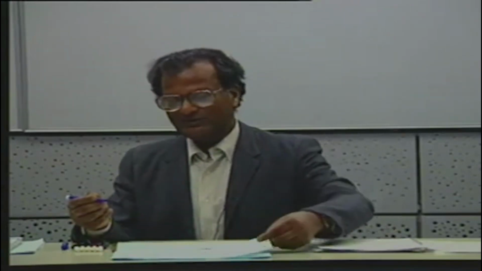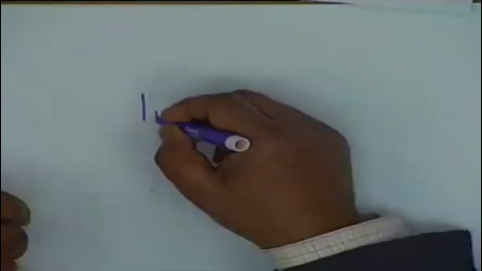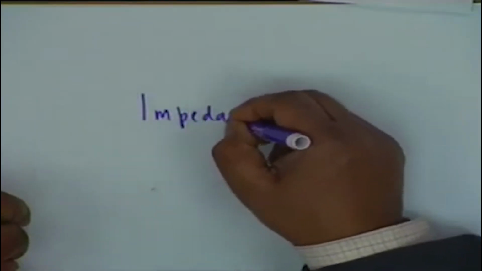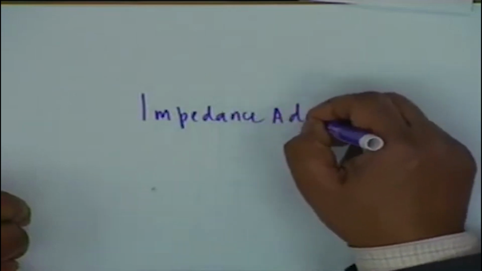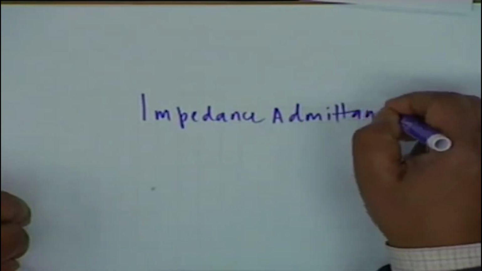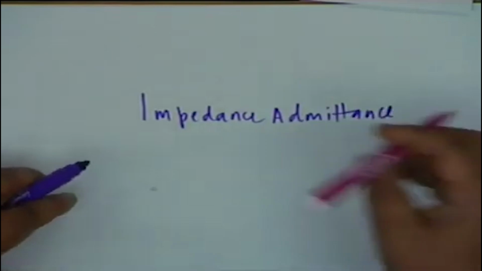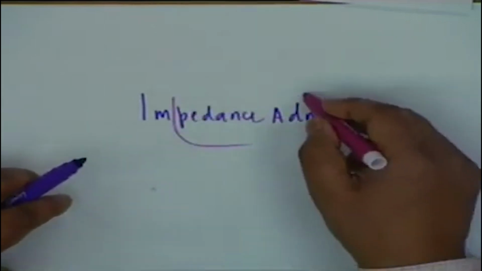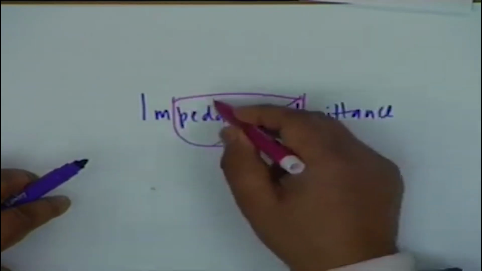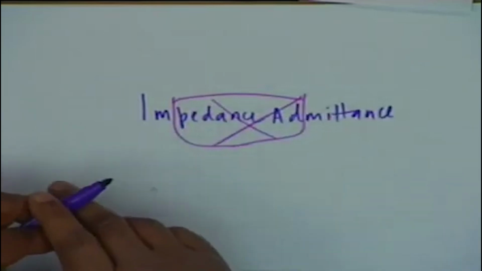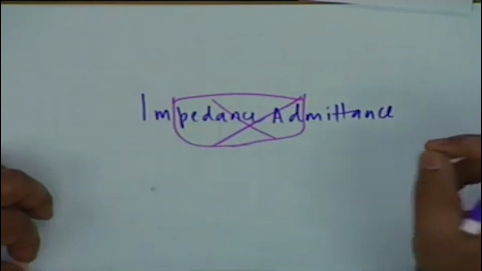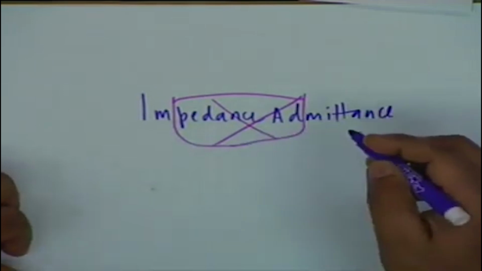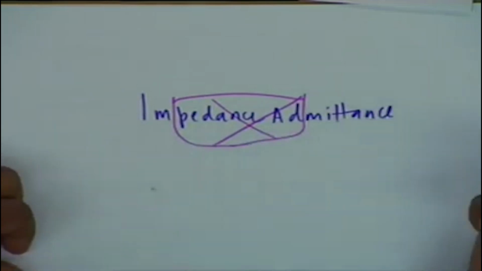Did I tell you the common name for impedance and admittance? Immittance, and this is derived like this: impedance, admittance. What we do is we eat away a part of it. This part is eaten away. So if we want to say transfer impedance or admittance, we'll say transfer immittance, or driving point immittance.